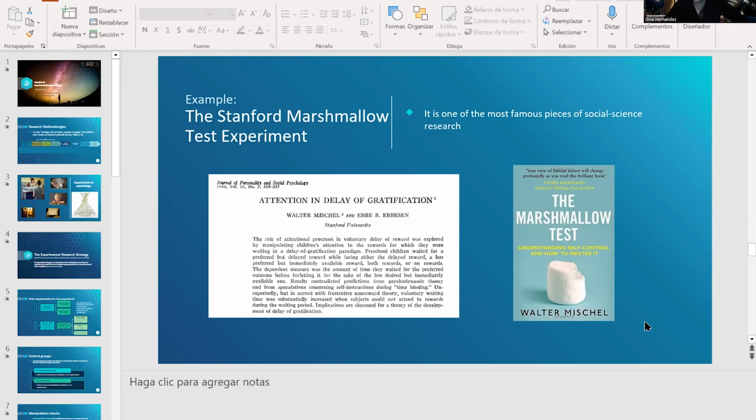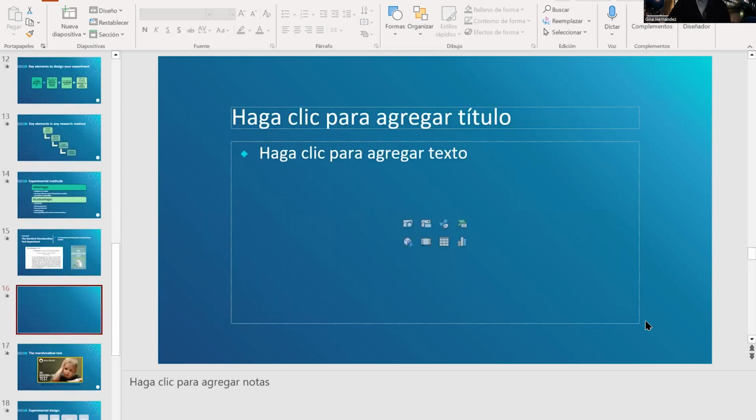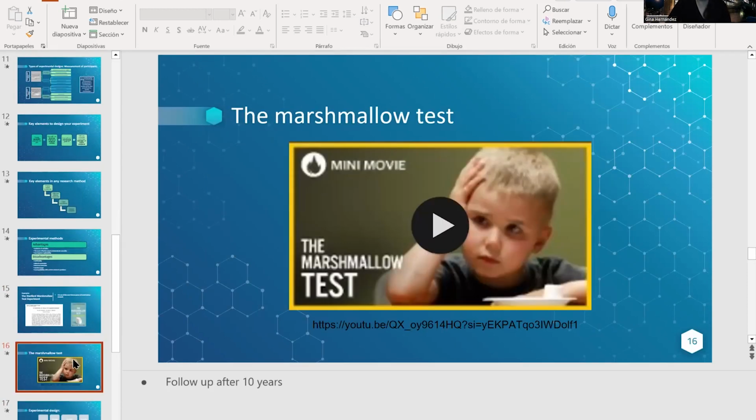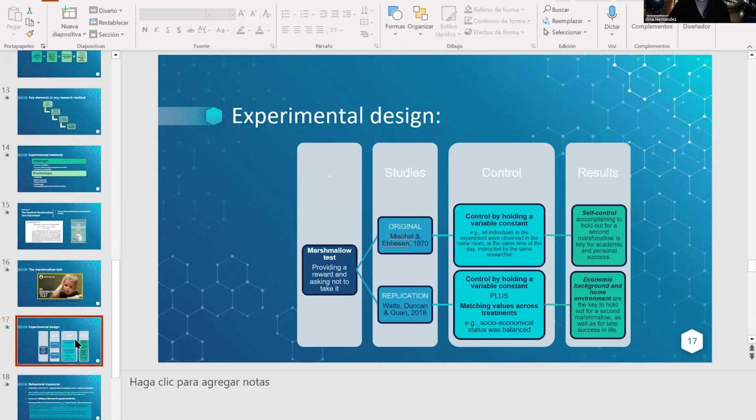And then he published his book in 2015, talking about the marshmallow test and telling about his results. But sadly, in 2008, people tried to replicate this experiment and they were unable to replicate it. So it didn't hold.